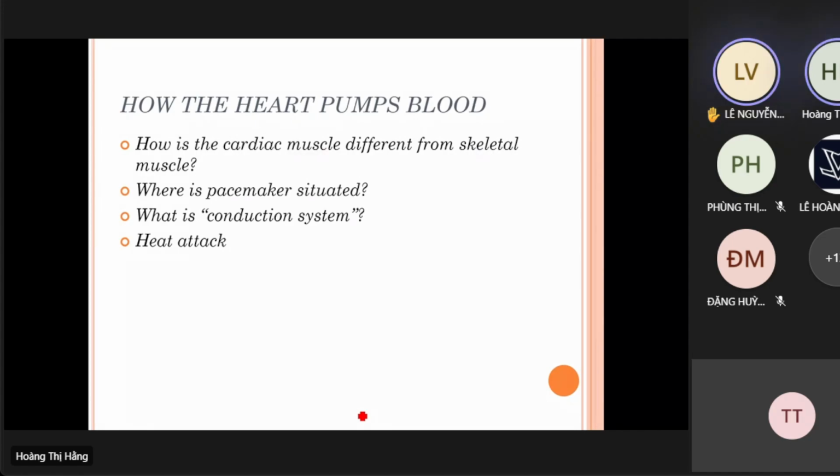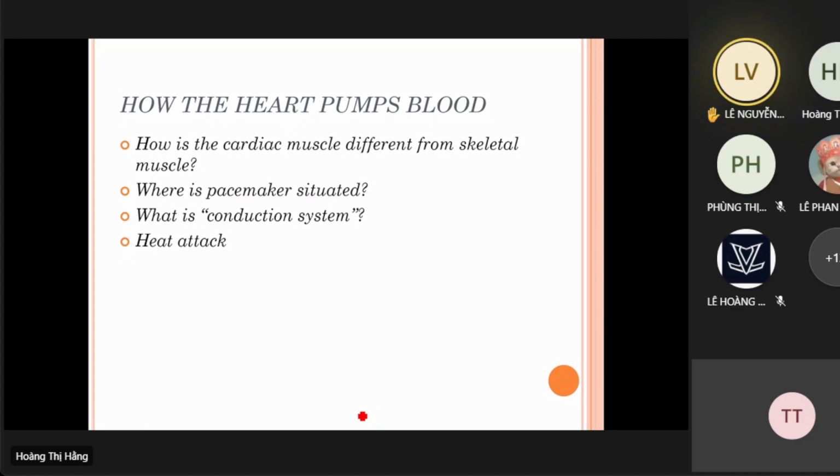Good. Go on, please. And the conduction system, I have read that to make sure the cardiac muscle fibers in each chamber contract at the same time, the SA node sends the signal along a conduction system. The conduction system of the heart is comprised of special cardiac muscle fibers that begin at the SA node.